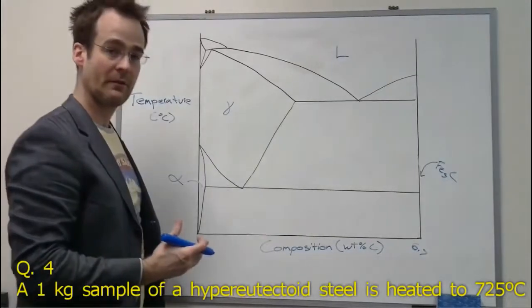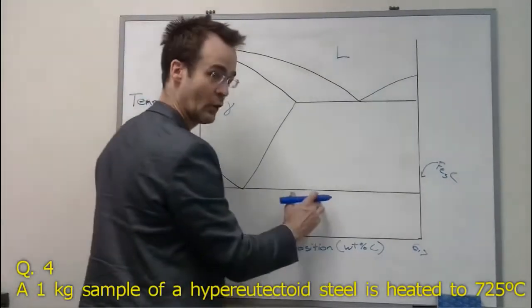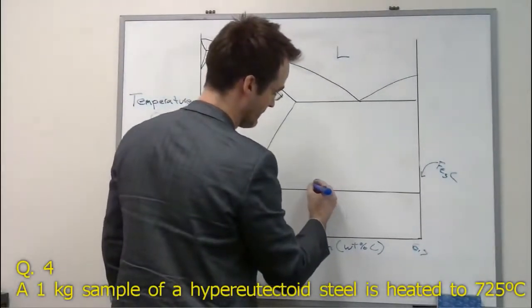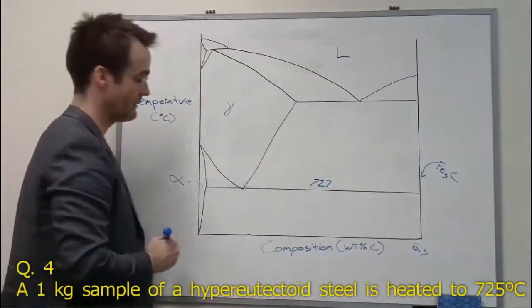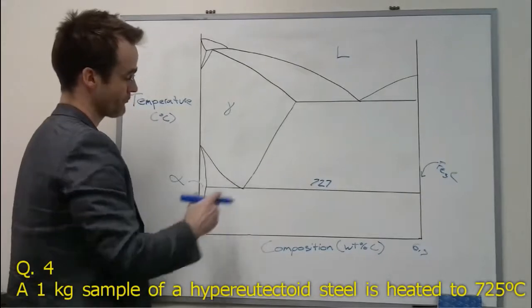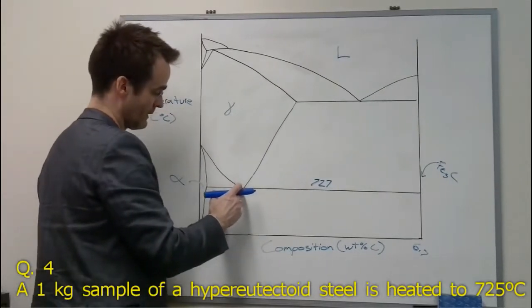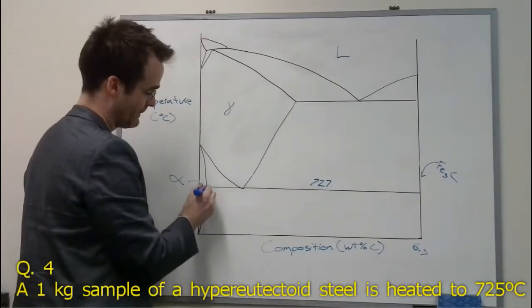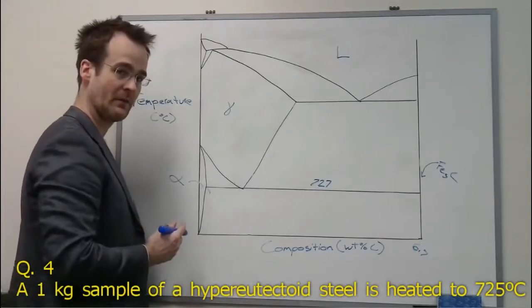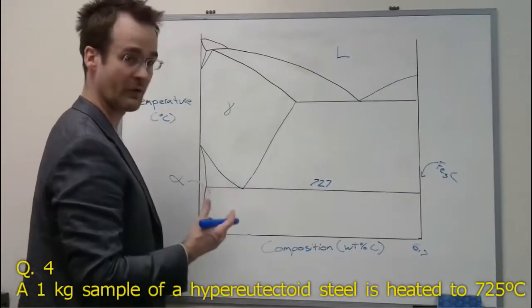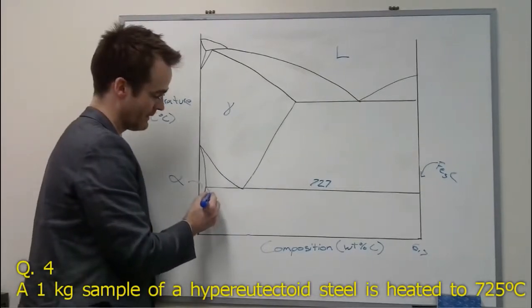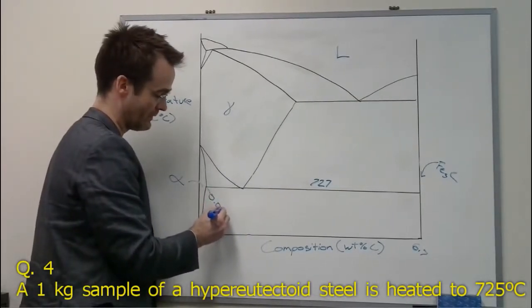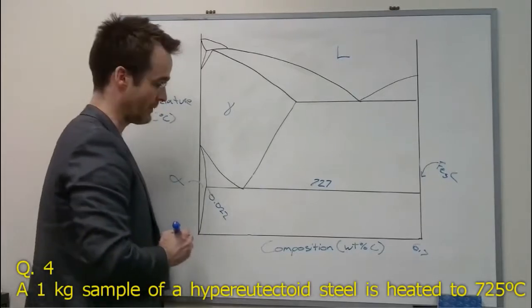Let's label some temperatures. The eutectoid is at 727 degrees. Let's label some compositions. The maximum concentration of carbon in ferrite is 0.022 weight percent carbon.